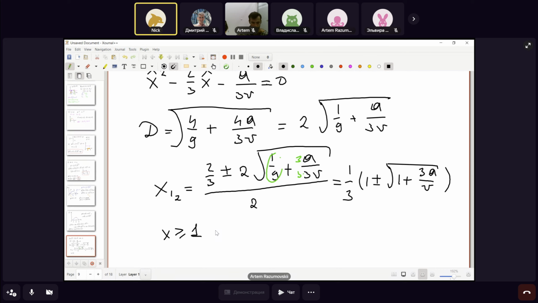If our x is supposed to be positive, we shouldn't take into account the minus root. Yes, the minus root will give us something negative, right? So then we need x to be positive, so we take the plus root. So that will be 1/3 plus 1/3.